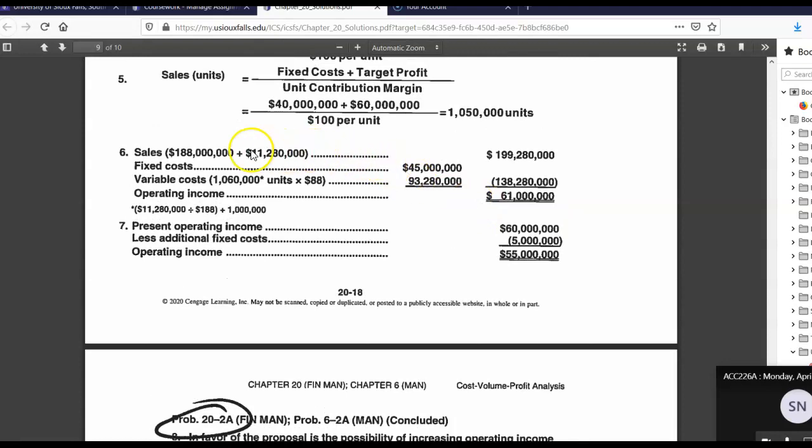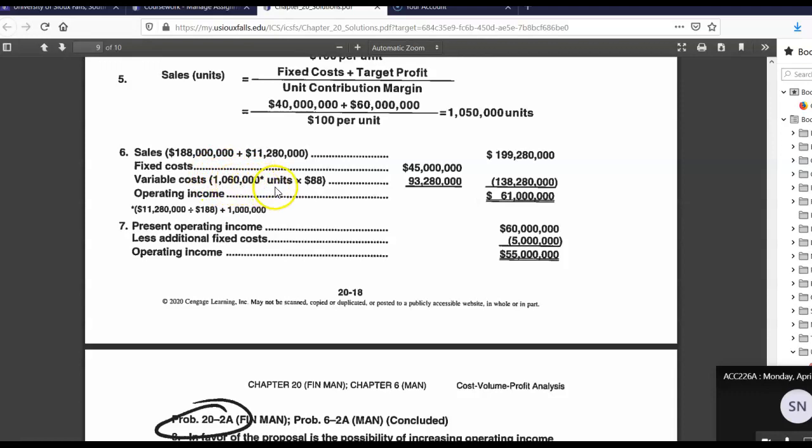So if we had another 11,280,000 and you divide that by 188 bucks per unit, that would tell you how many units we are producing just in that 11 million. Okay, so if you take your calculator, 11,280,000 divided by your 188, that is another 60,000 units. So 60,000 units plus the million that we were doing, that's where we get this 1,060,000.